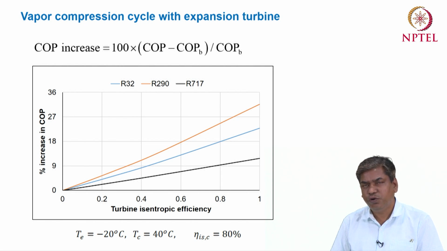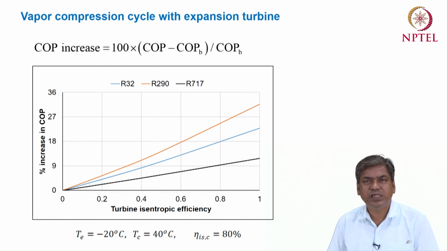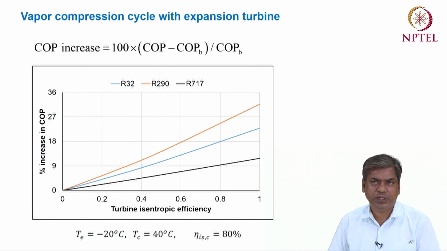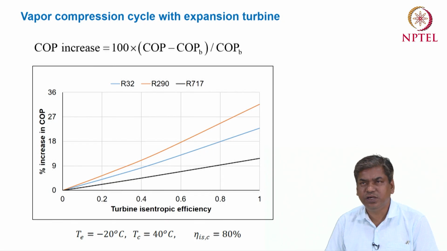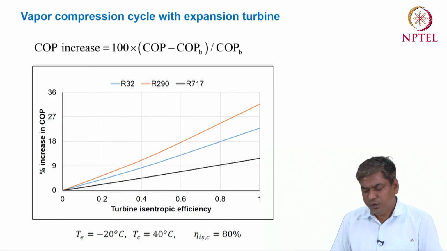Okay, so this graph basically says that for all the refrigerants, if we use the expansion turbine, we will obviously get a significant improvement of COP, and that improvement can vary depending on the refrigerant used.